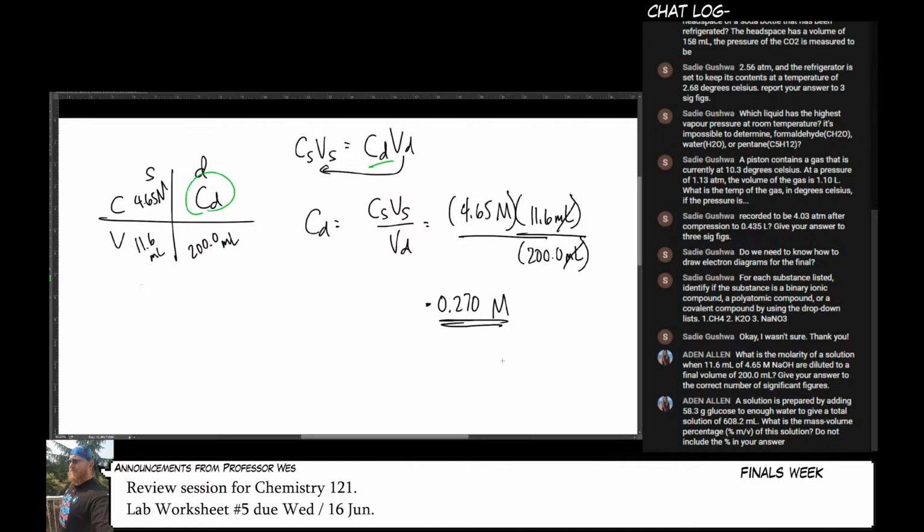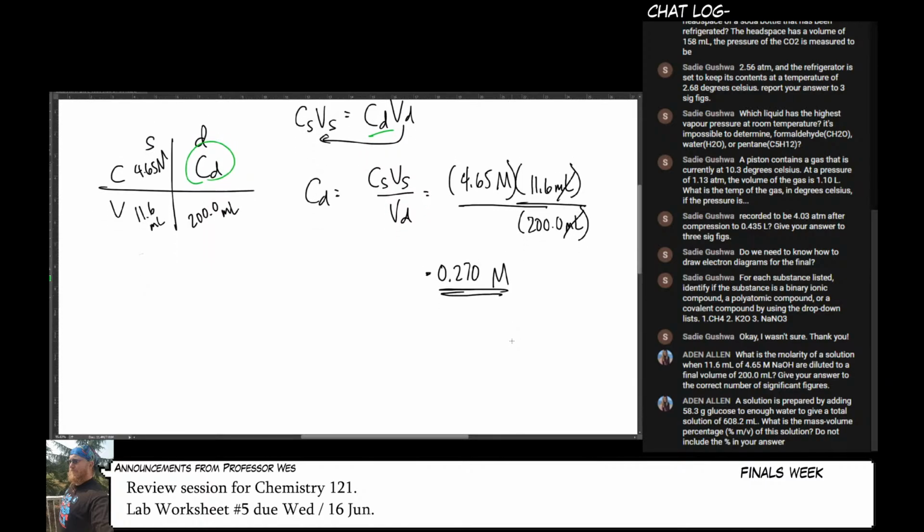And then for the sucrose solution down there, remember that the formula for mass volume percent is mass solute over volume of solution times 100%. And so the mass has to be in grams and the volume has to be in milliliters to do this.